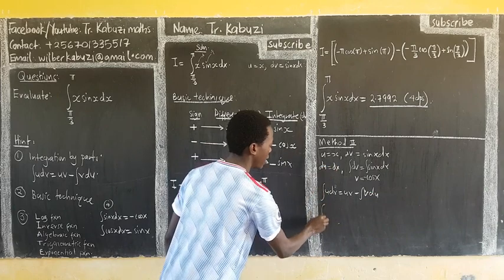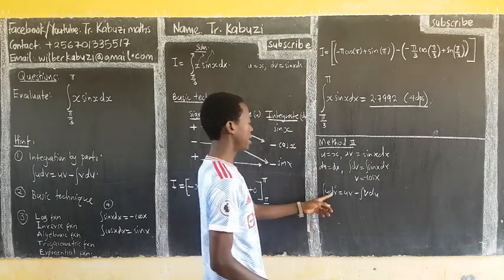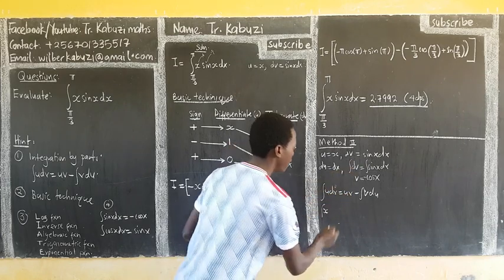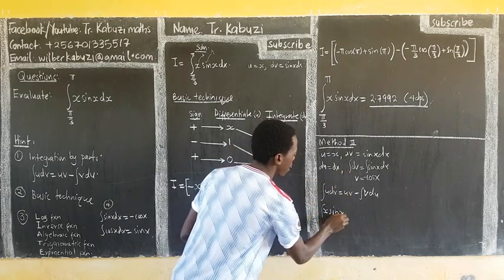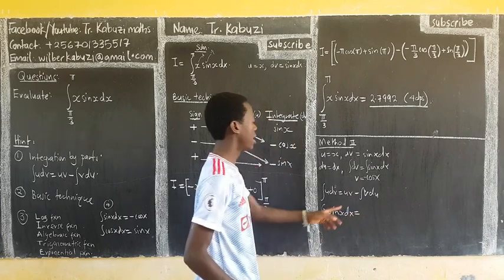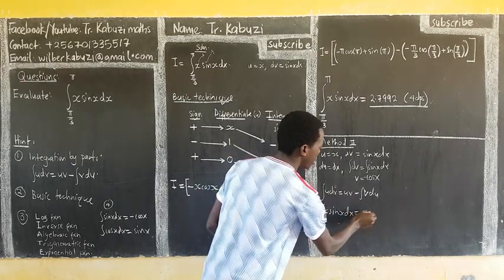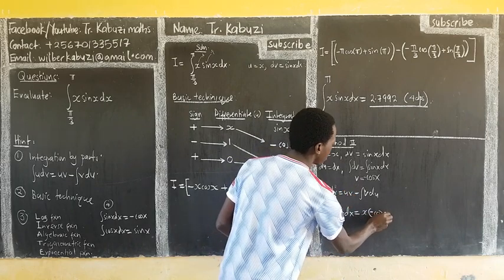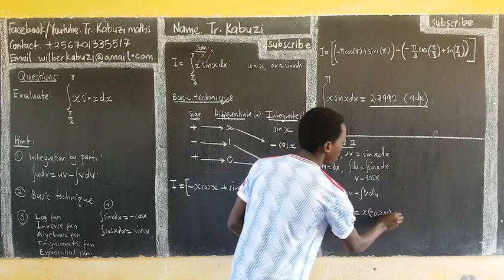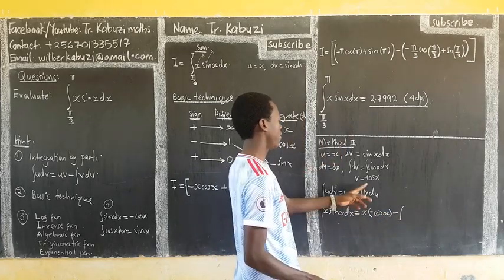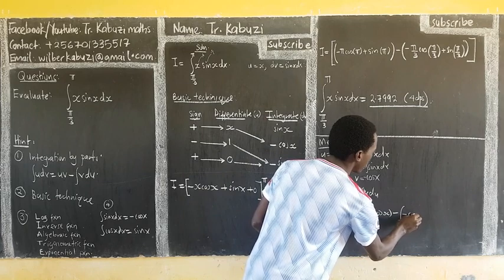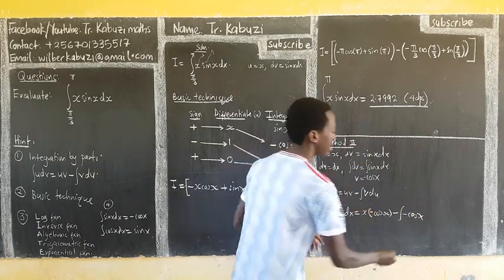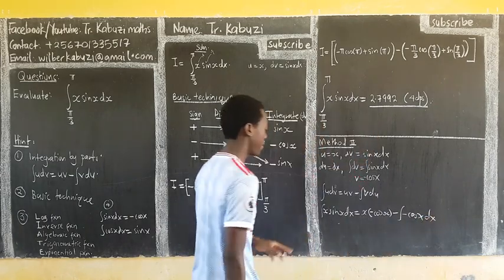Our u from here is x. Then my dv, sine x dx, equals my u, which is x, times v, which is negative cos x, then minus my integral of v, which is negative cos x, then du, my du, equals dx.